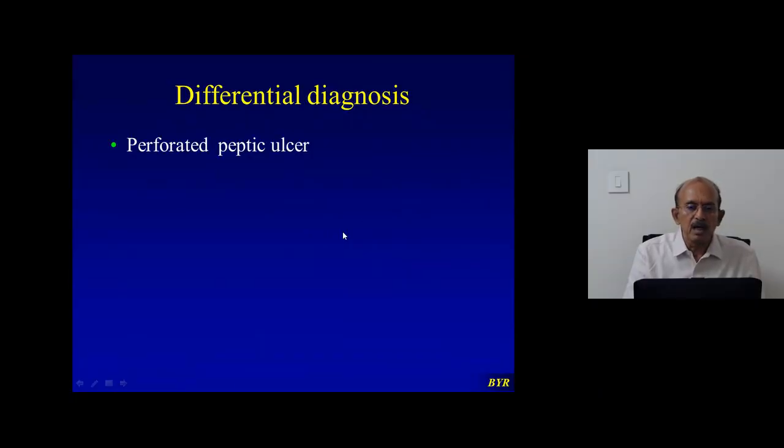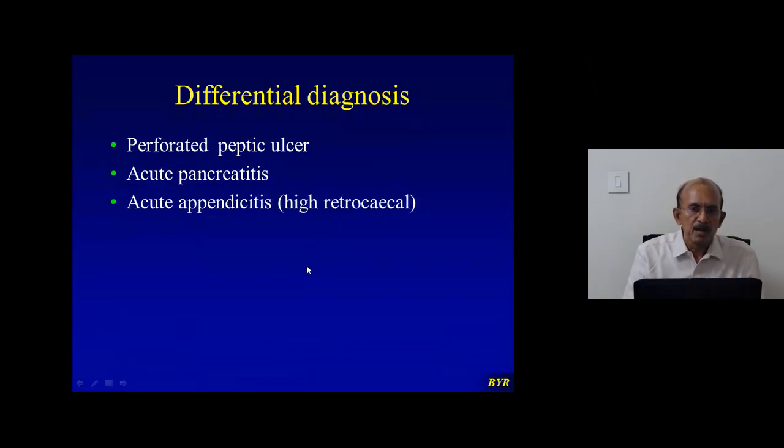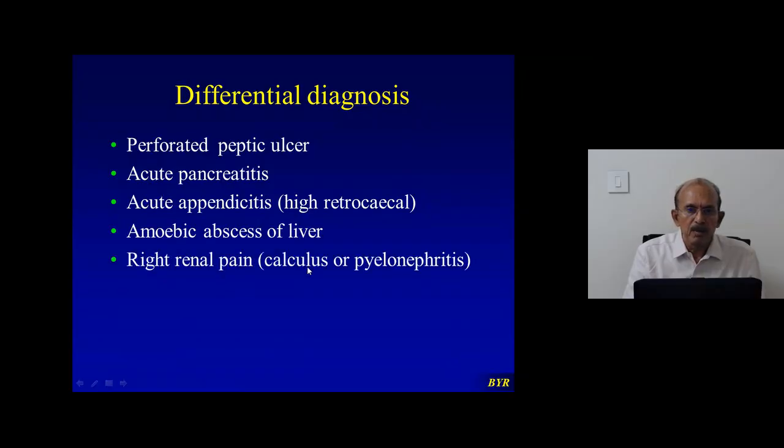Differential diagnosis: all acute abdominal pain must be differentiated. The most common things to be considered are perforated peptic ulcer, acute pancreatitis, acute appendicitis, amoebic abscess of the liver, right renal pain due to calculus or pyelonephritis, and you should not forget about myocardial infarction.